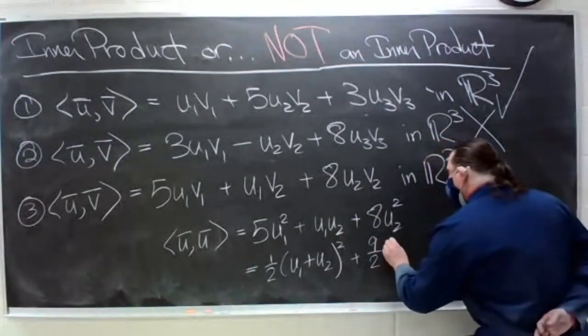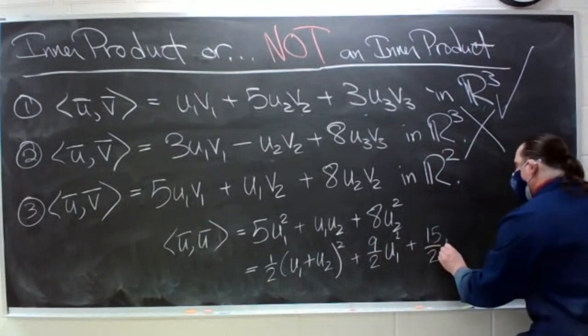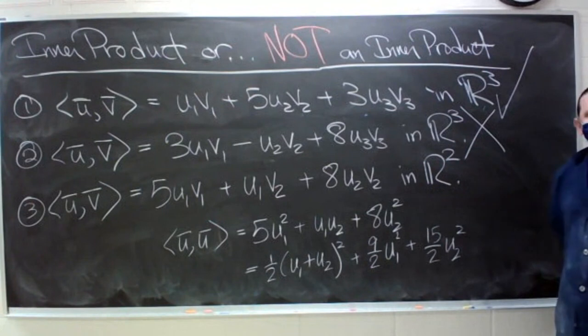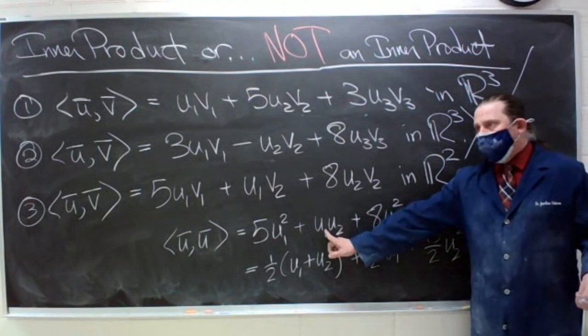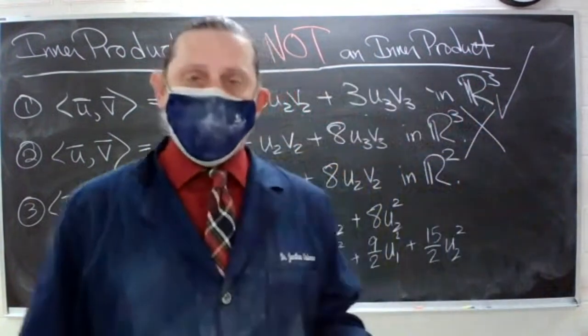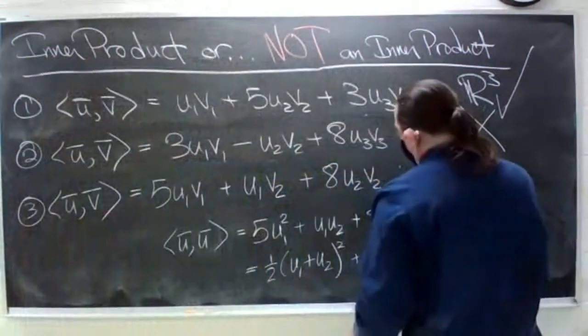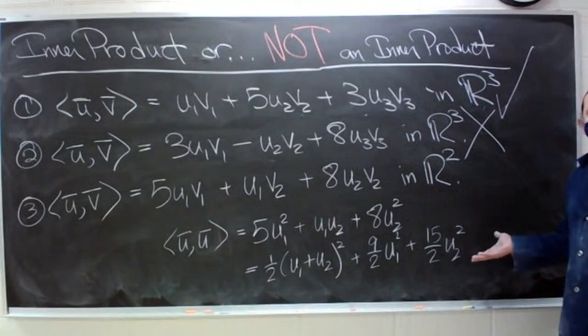Plus 9/2 u1 squared plus 15/2 u2 squared. Sort of like completing the square to pull this cross term, which is the only one that's not positive definite, into a square. And now I have it as a sum of 3 positive definite contributions.